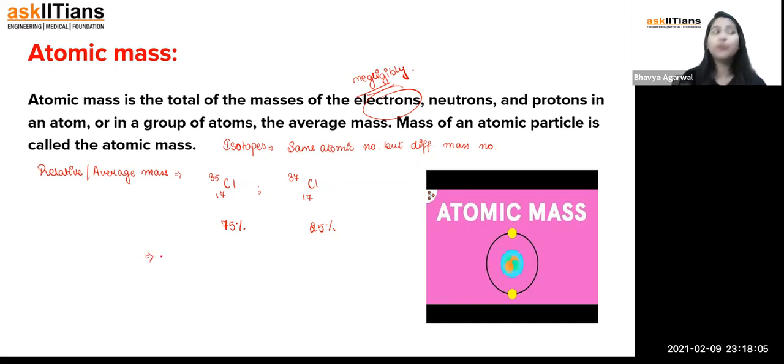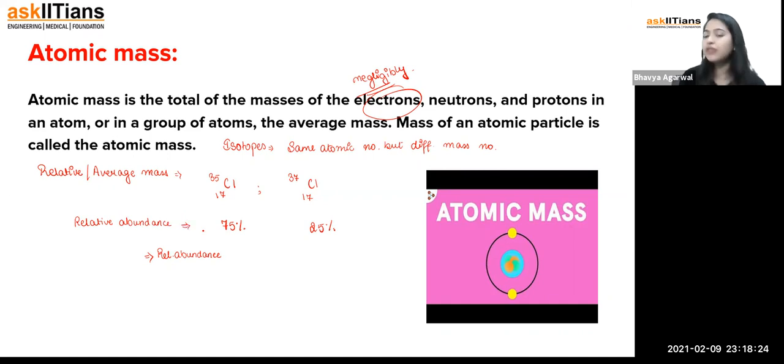The way is very simple. What you need to do is we need to find out the relative abundance. Basically, relative abundance or their percentages is the same thing.